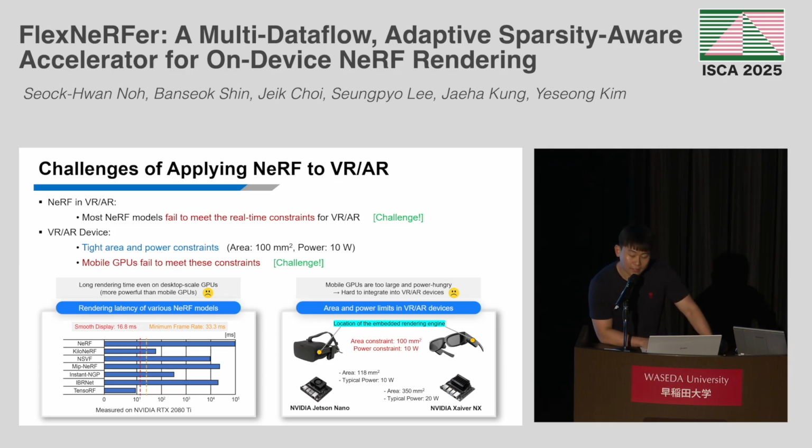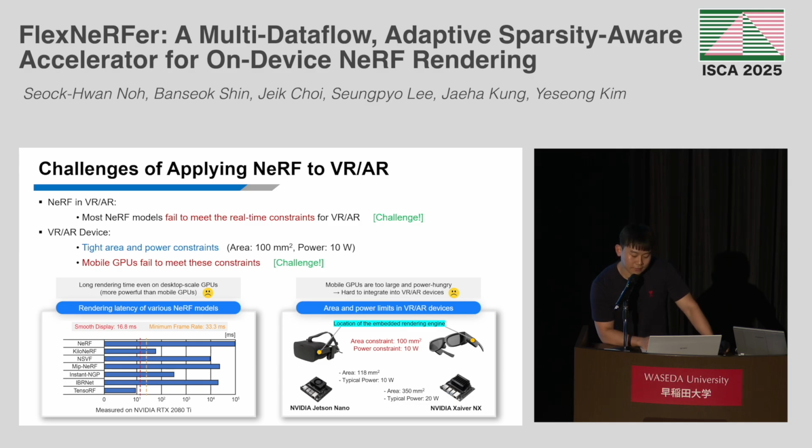On top of that, VR and AR devices are small and battery-powered, right? Sure, some current devices are still powered through cables, but based on our survey, most commercial battery-based VR and AR devices are designed to stay under 10 watts to ensure at least 4 hours of usage.